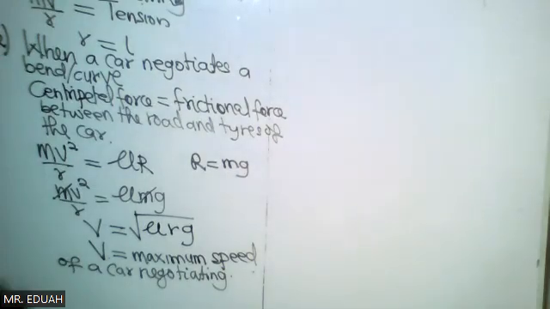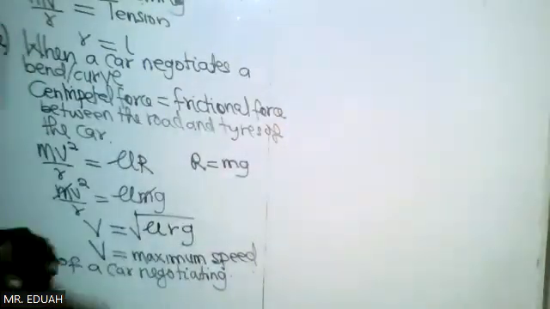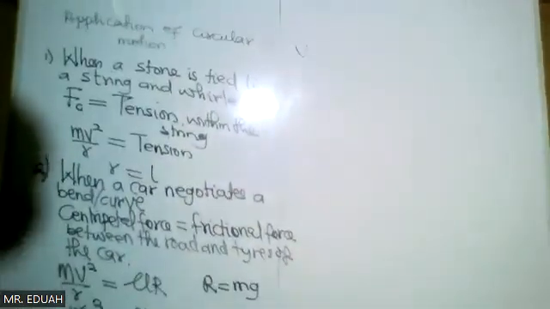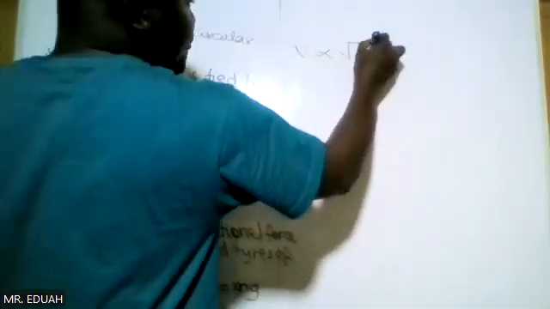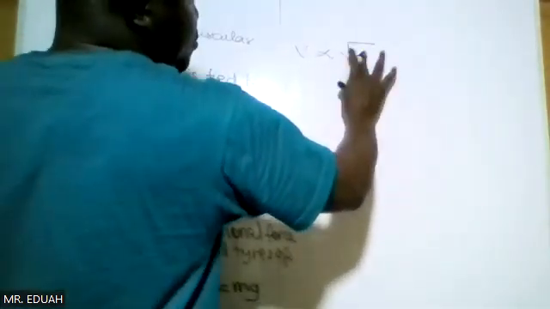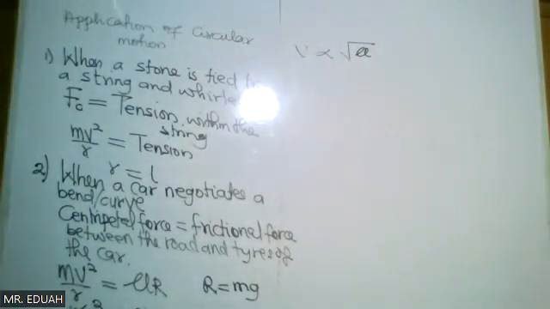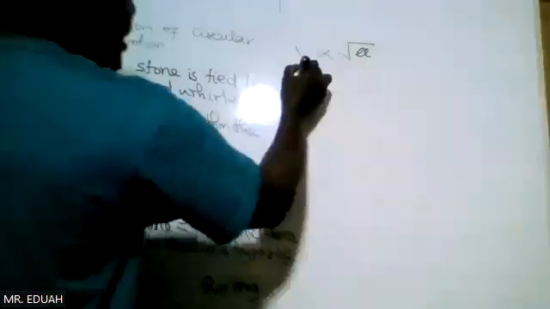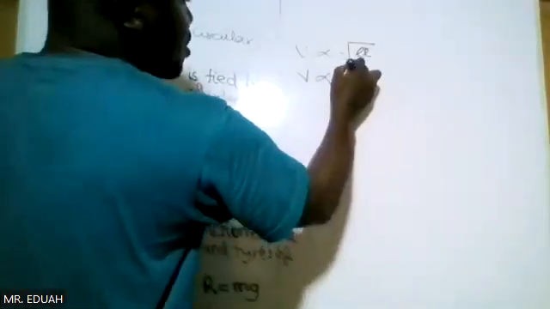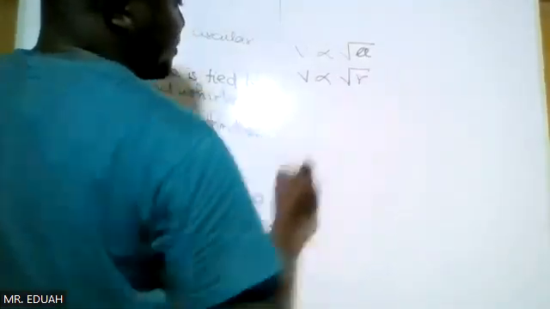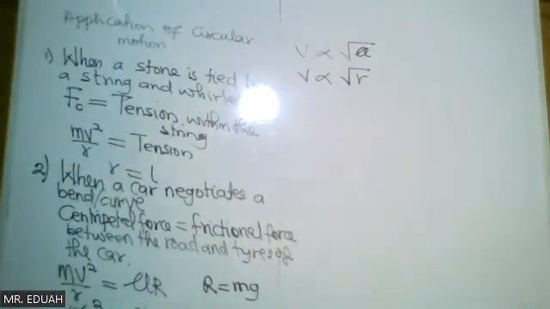One, the speed V is directly proportional to the square root of the coefficient of friction, mu. The speed V is also directly proportional to the square root of the radius of the curve. As for gravity, it is constant.